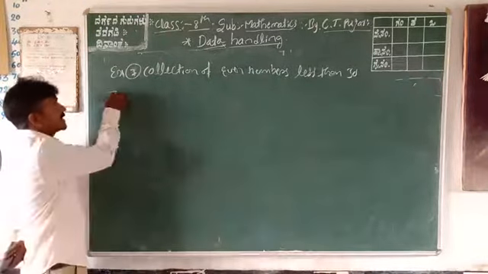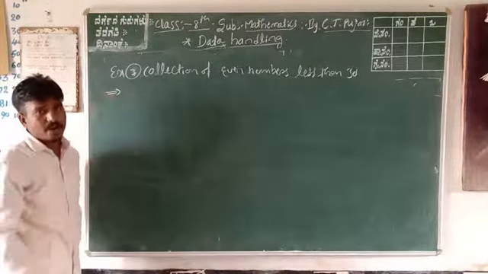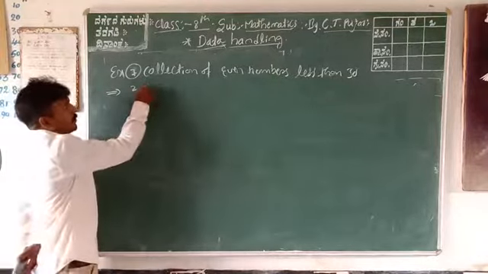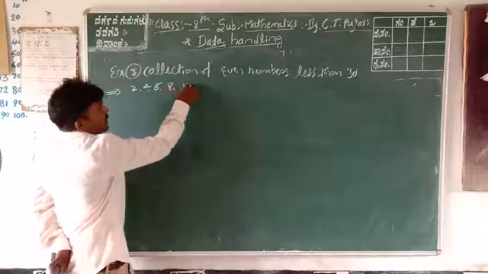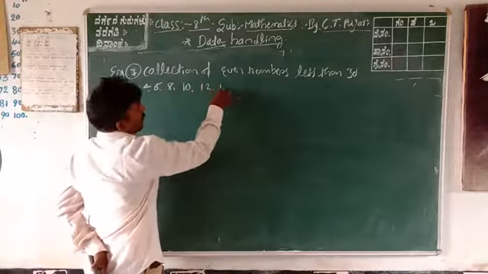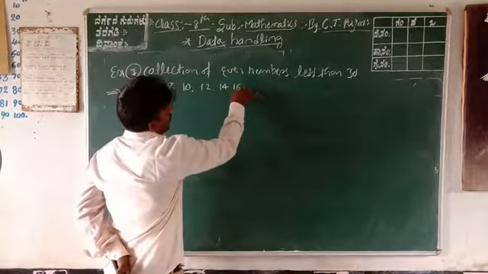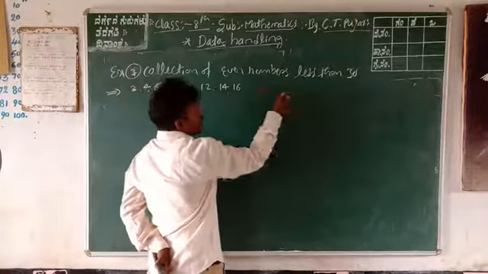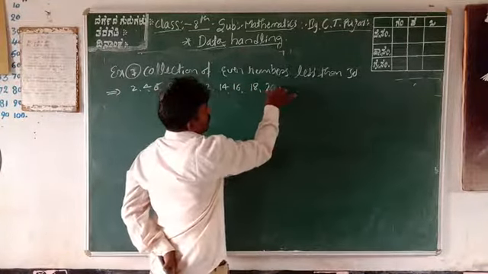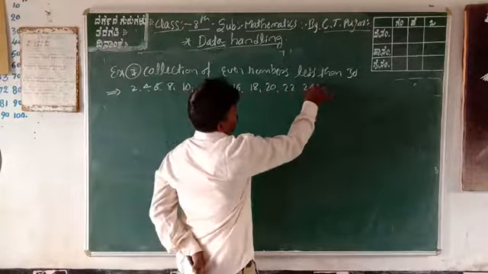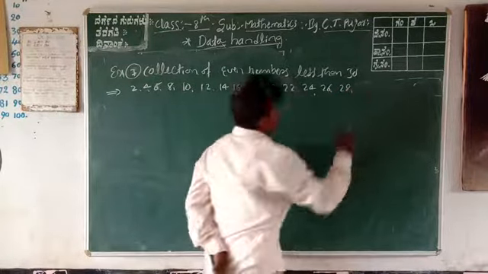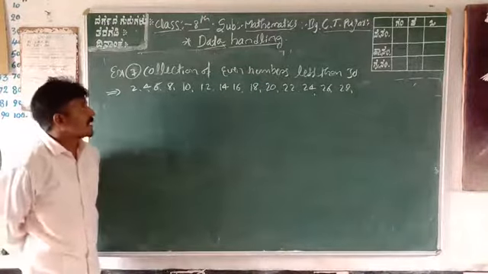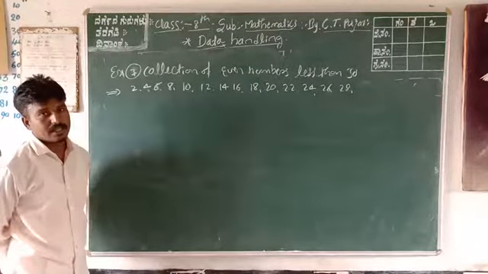Therefore, you can write all the even numbers: 2, 4, 6, 8, 10, 12, 14, 16, 18, 20, 22, 24, 26, 28. These all are even numbers less than 30.